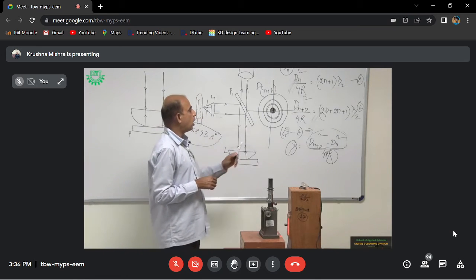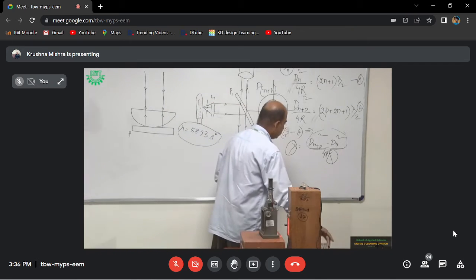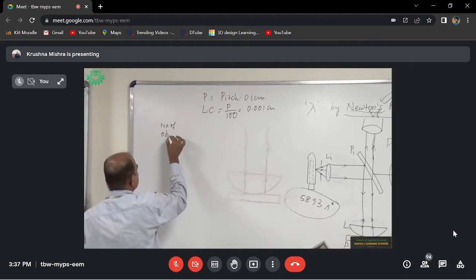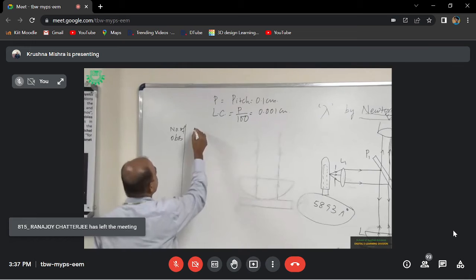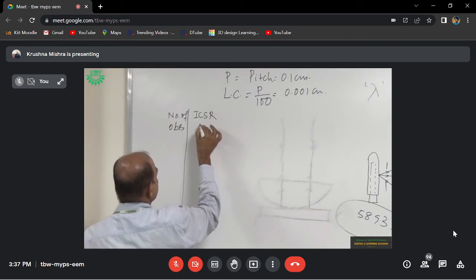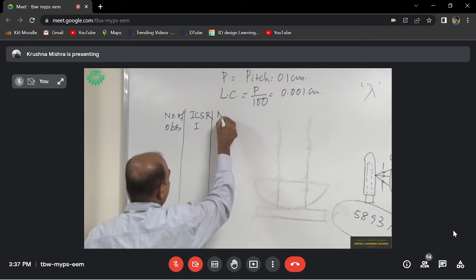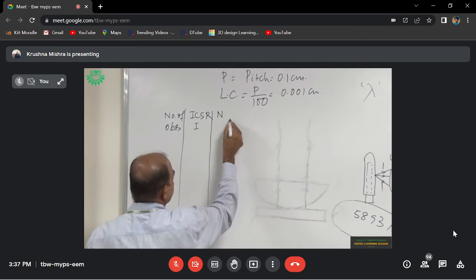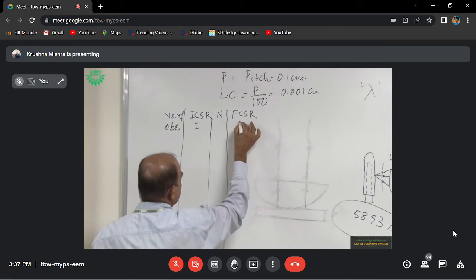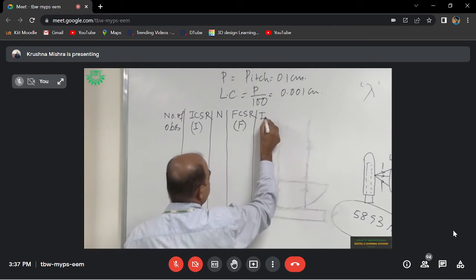So now let us proceed to how to find the diameter of rings. For that, there is a tabulation. Number of observations, whatever is given to us, then ICSR, simply I, initial circular scale reading, then number of rotations, then final circular scale reading, that is F, then the difference.